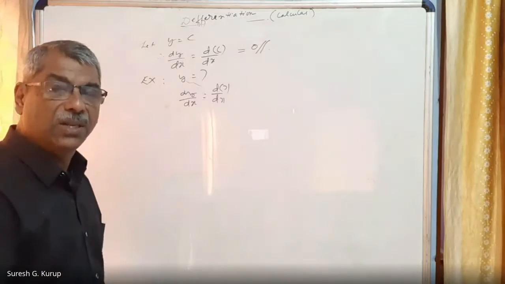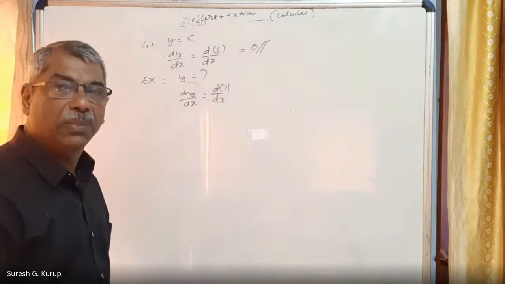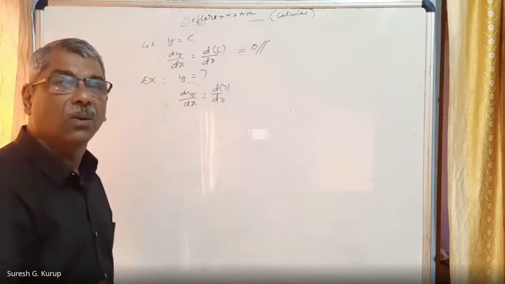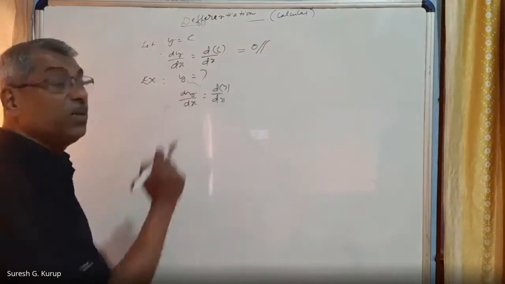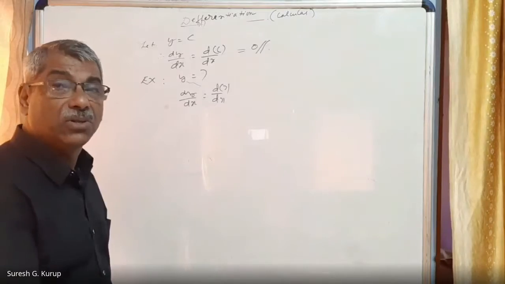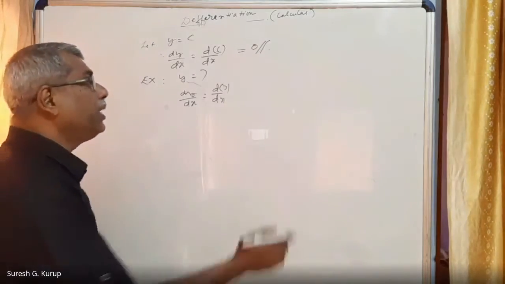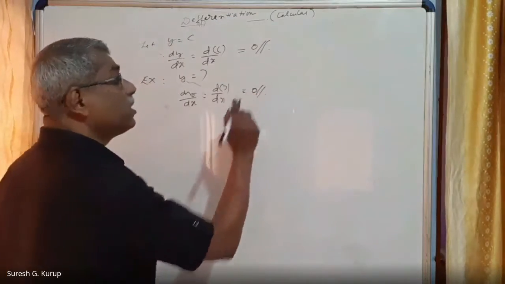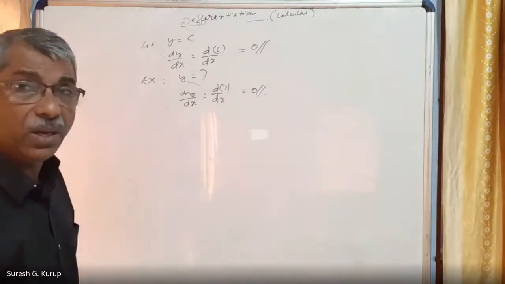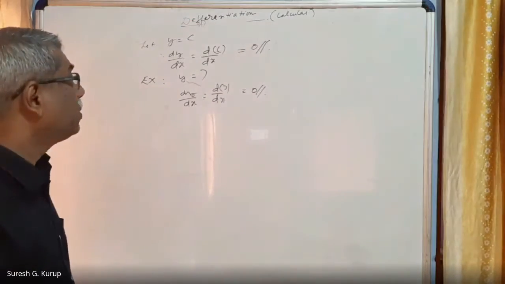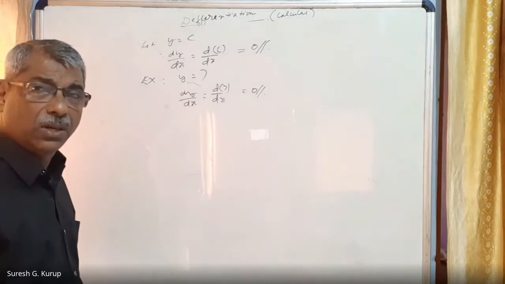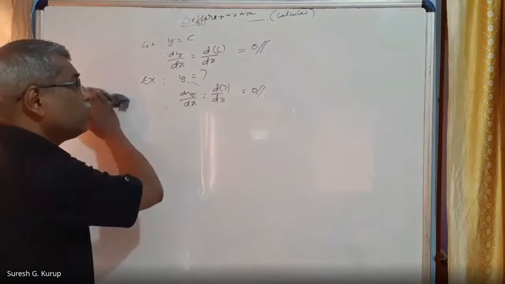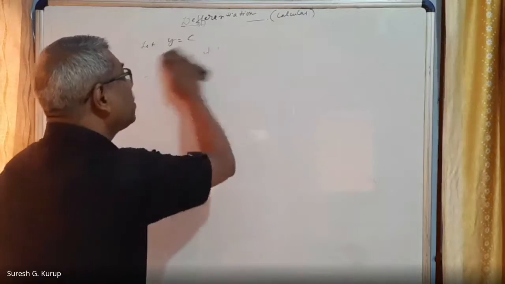When there is a change in the value of the independent variable, the change in the other quantity is 0. Why 0? Because the value is always 7. So the differential coefficient of a constant is equal to 0. This is the first rule. I think you might have noted it down, right? Every point, in sequence, you have to note it down.